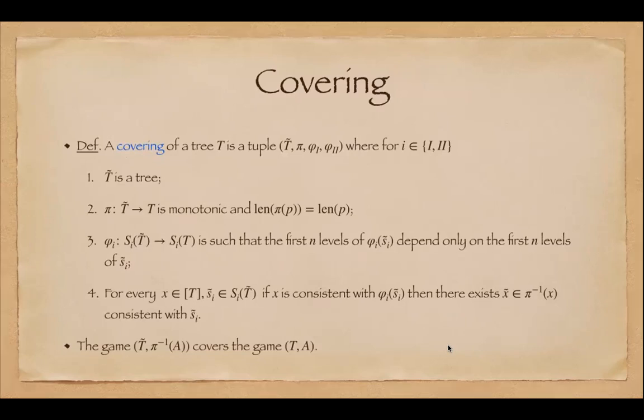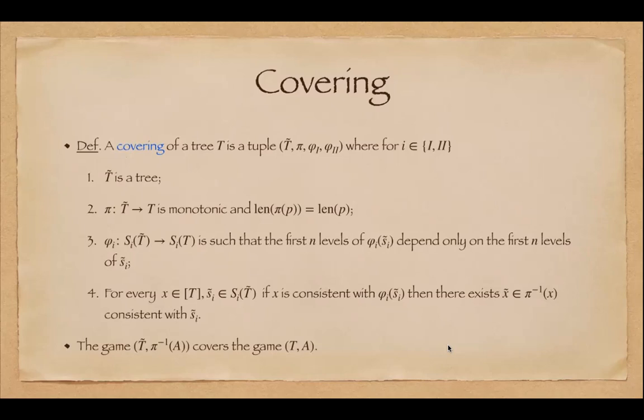A covering of a tree T is a tuple: T tilde, pi, phi 1, and phi 2. Here T tilde is a tree, and pi is a function from the covering tree to the covered tree.